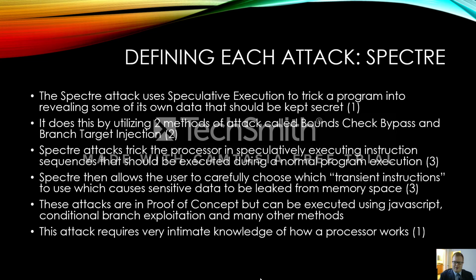So let's talk about the Spectre attack. As I mentioned before, there are three vulnerabilities in play here. However, two of them are dubbed the Spectre attack, while one of them is the Meltdown attack. The Spectre attack is most notable because it uses speculative execution to trick programs into revealing some of their own data.